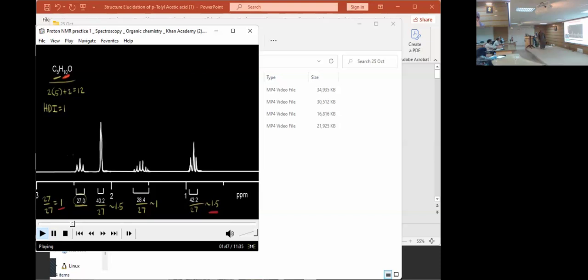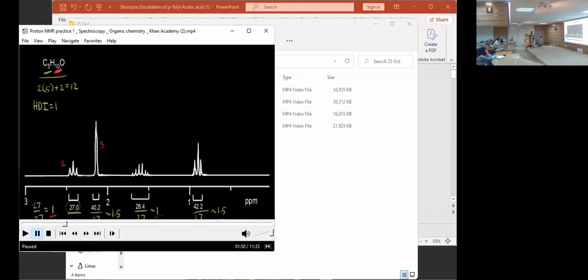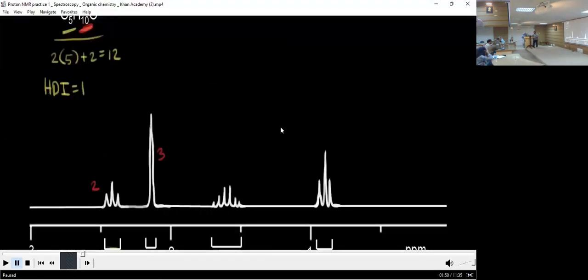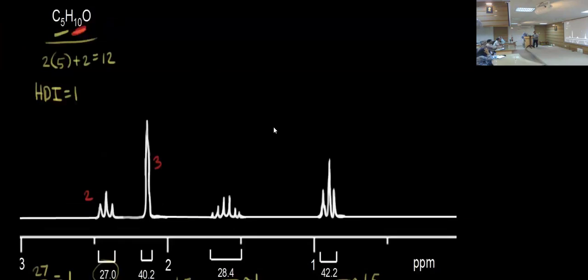If we multiply 1 by 2, then we get 2 protons. So this signal represents 2 protons. If we multiply 1.5 by 2, we get 3. So this signal represents 3 protons. Multiplying 1 by 2, we get 2, and if we multiply 1.5 by 2, we get 3.